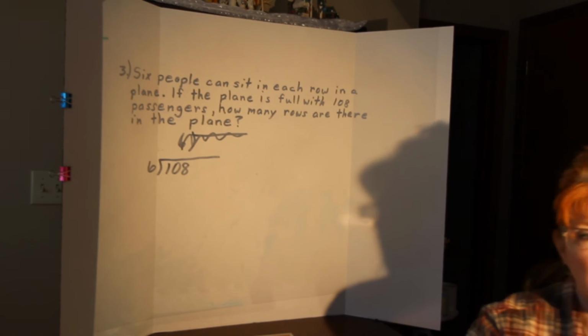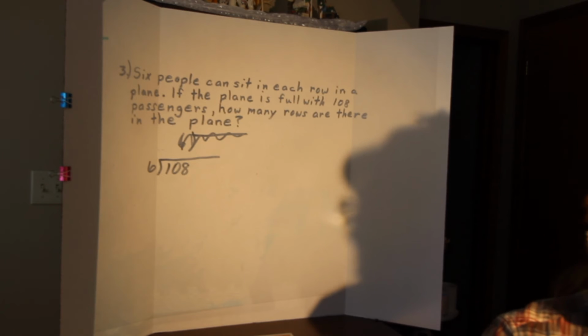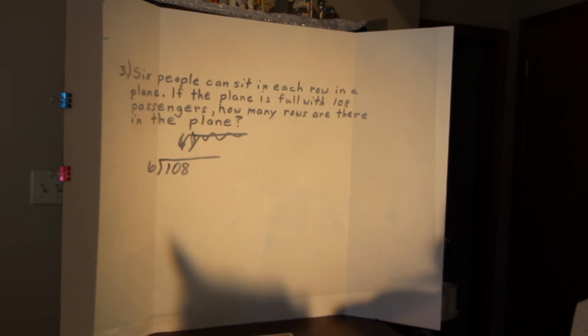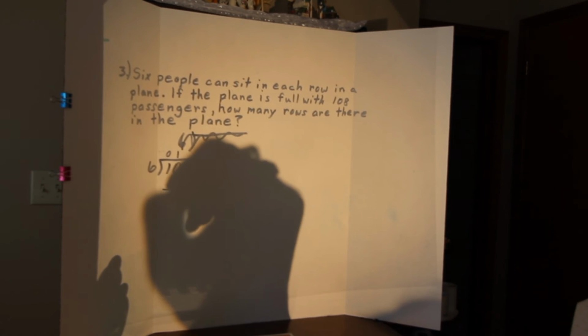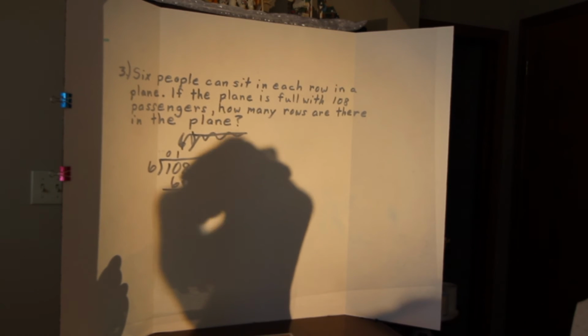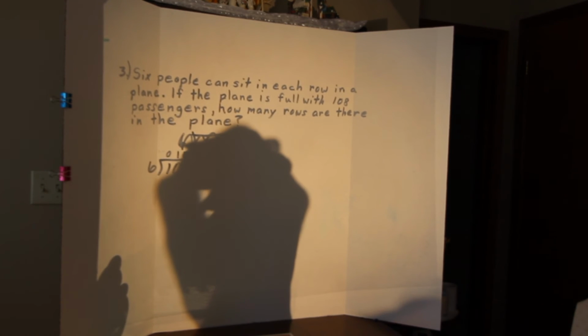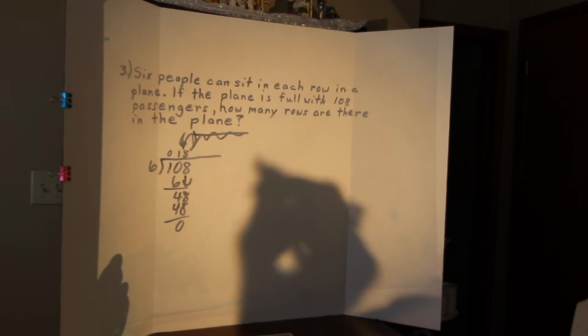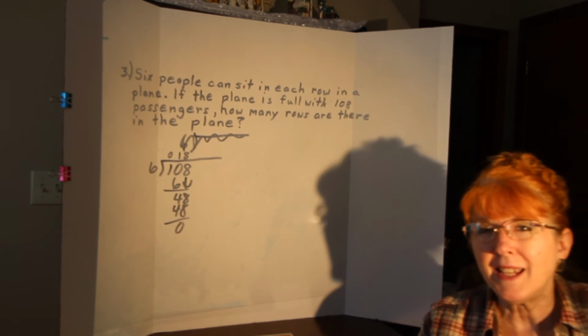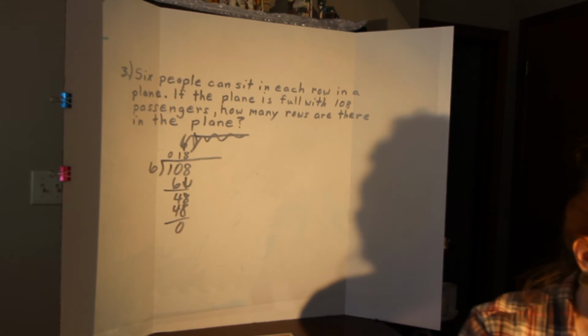To find the quotient, which is how many rows there's going to be. How many 6s in 10? Well, how many 6s in 1? There's 0. How many 6s in 10? There's 1. How many 6s in 48? There's 8, which gives you 48 exactly. So there's 18 rows in this plane.